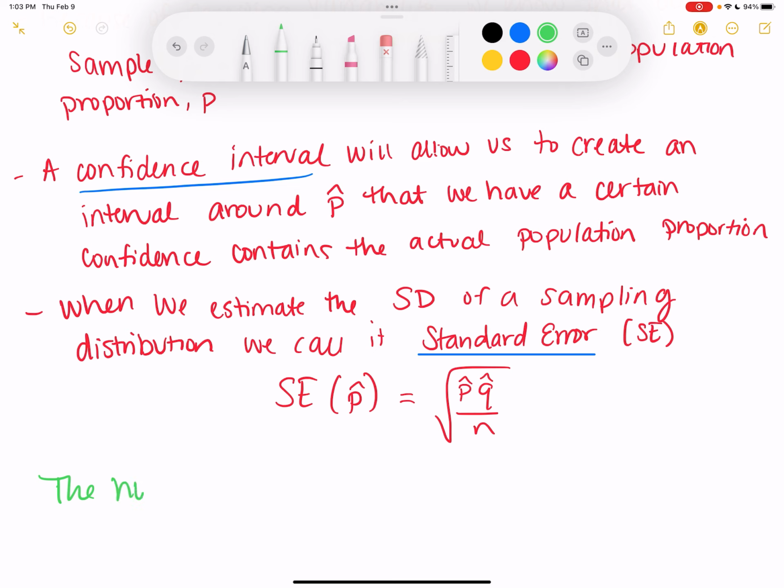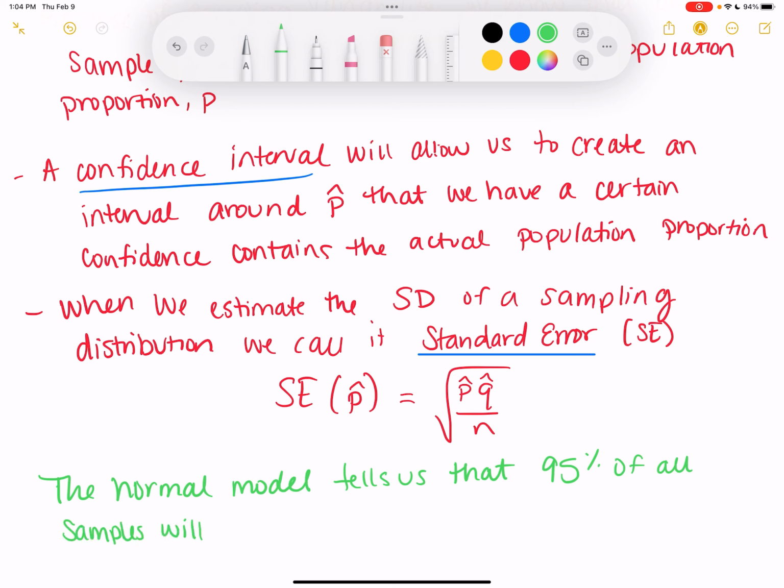The normal model tells us that 95% of all samples will have p hat within 2 standard errors of p.